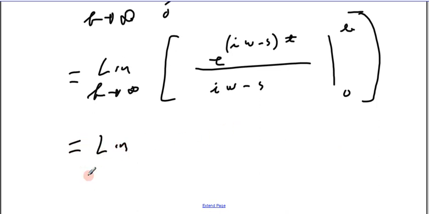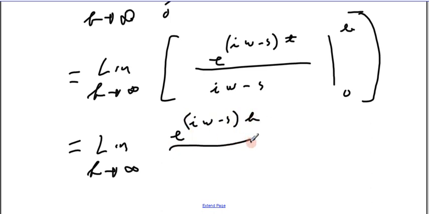Limit b goes to infinity, e to the (i omega minus s)b divided by (i omega minus s), minus, this becomes 1 divided by (i omega minus s).